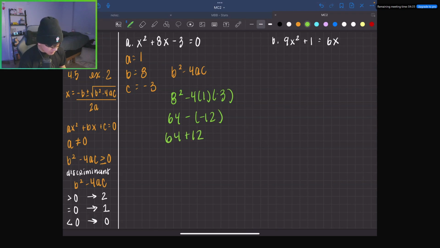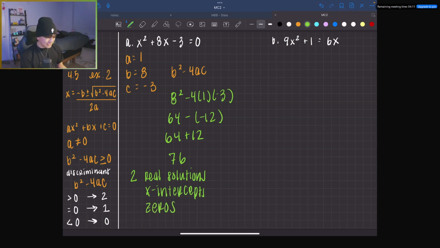So our discriminant is going to be 76. 76 is obviously greater than 0, so what does that tell us? We can expect to find two real solutions, which is the same thing as two x-intercepts, or even 2 zeros.